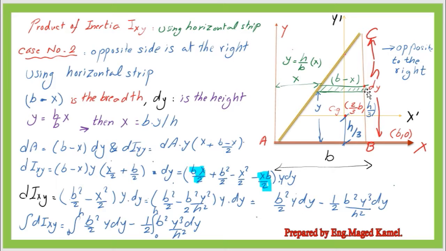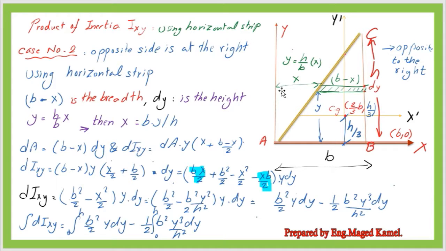Again, our dIxy will be equal to dA multiplied by x multiplied by y, but x and y relating to the CG of that strip. For example, in our case, the middle of our strip, which is 1/2 of b minus x, will be added to the x.